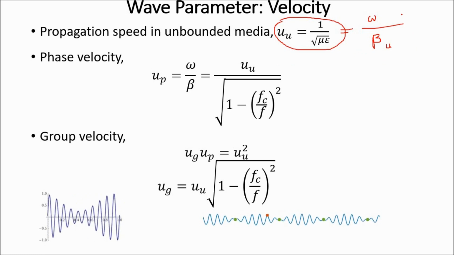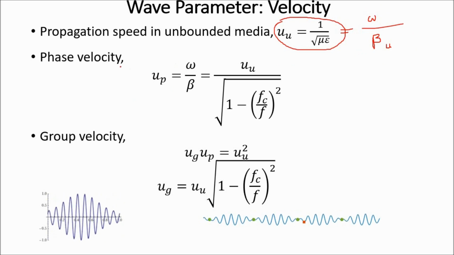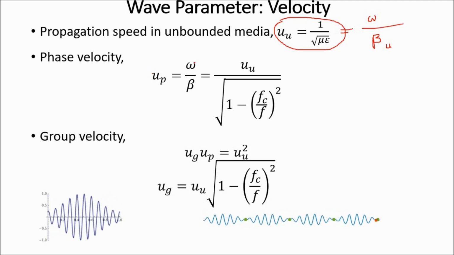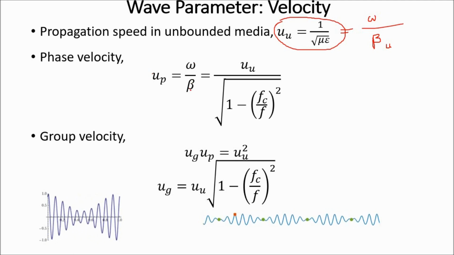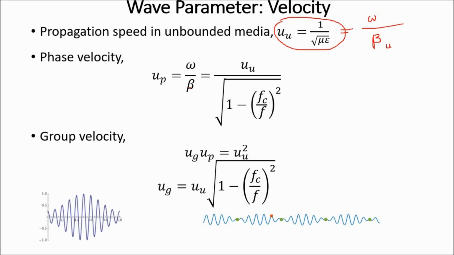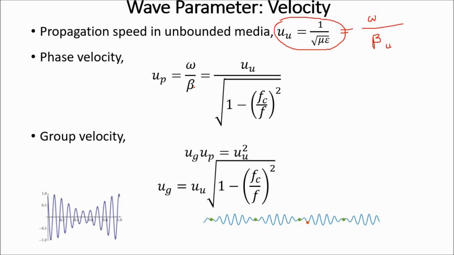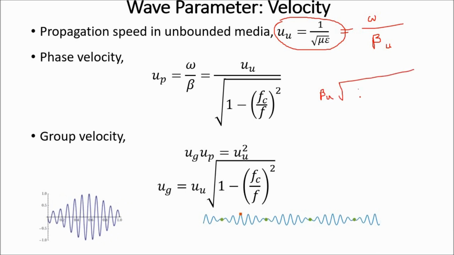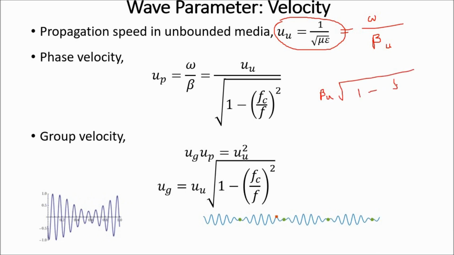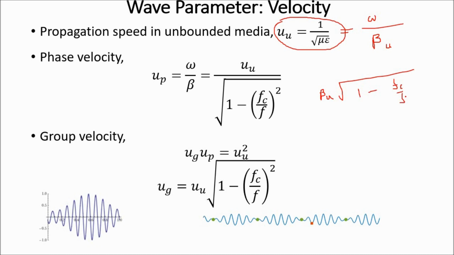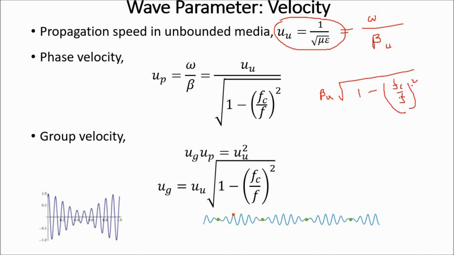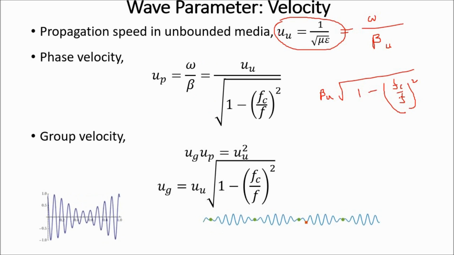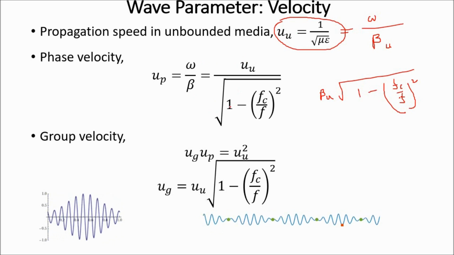So if you use the same formula for finding the phase velocity, phase velocity is equal to omega over beta. And this beta, we found the expression for beta is beta u times the square root of 1 minus (fc over f) squared. So omega over beta u is u, and like this.